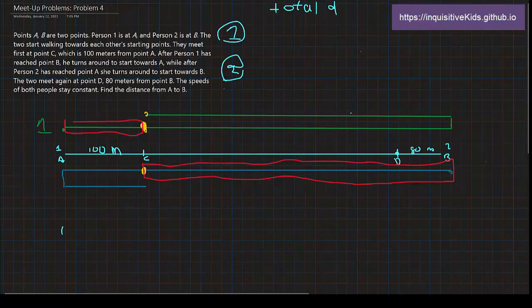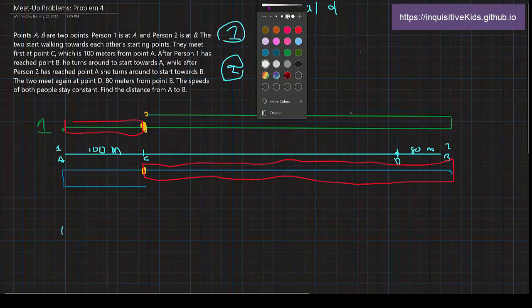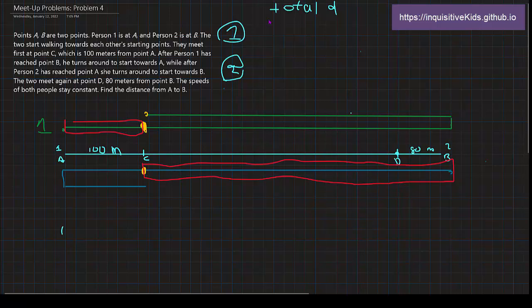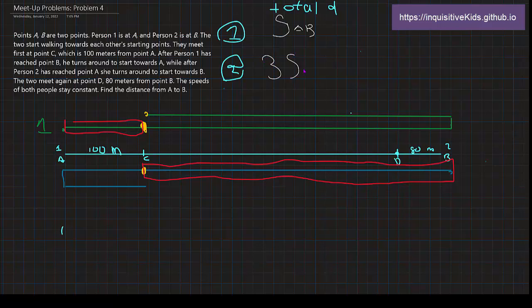I'm going to call that variable S of AB, the size of AB. We usually use S, and AB is the distance from A to B. By the second time, you see that they've gotten 2 more, so that's 3 times S of AB put together. That's the total distance by the second time.